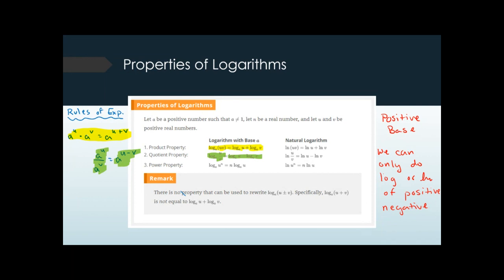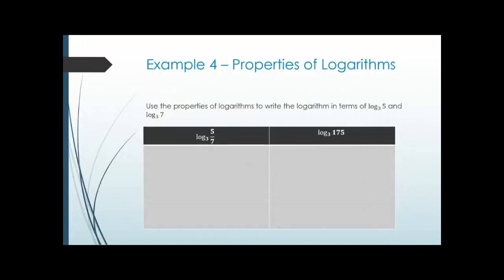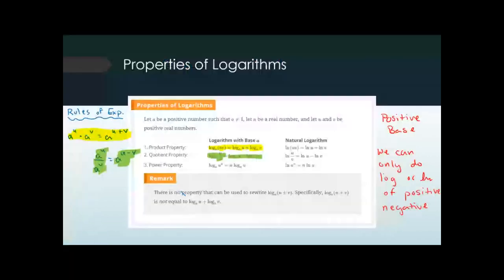And then our last one is the power property. So this would be if we had a to the u to the n. So when you have a power of a power, you multiply those. Those are a to the u times n.